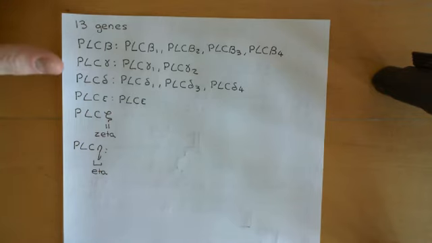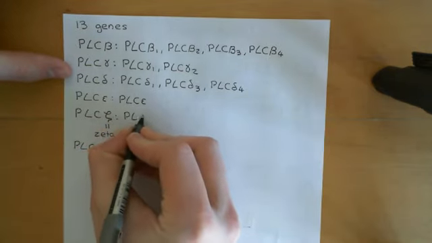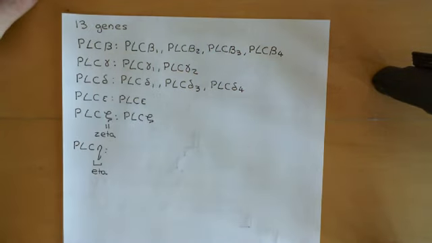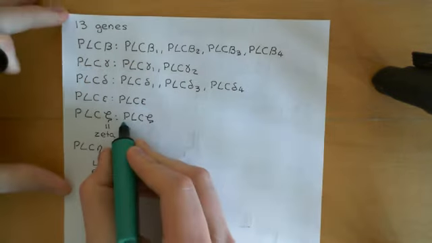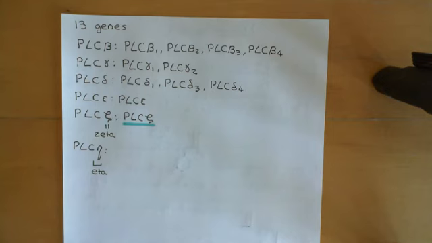Phospholipase C zeta, again there's only one member of this family, and that's just called phospholipase C zeta. This is believed to be extremely important in fertilization, and we'll look at where later on. It's believed to be extremely important in triggering the calcium waves that propagate across the oocyte when the sperm fertilizes it.